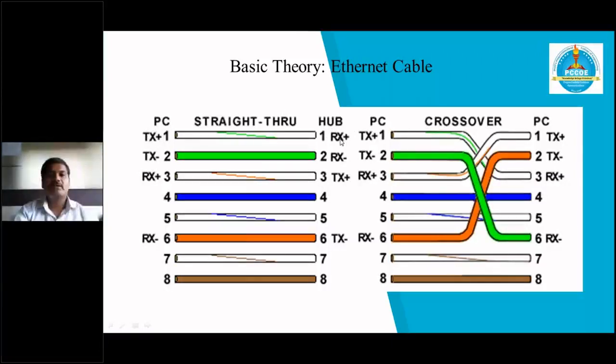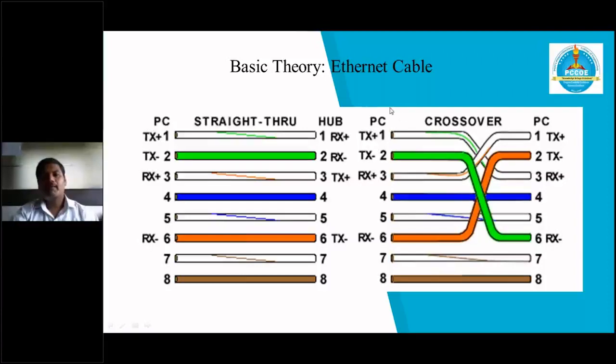So transmitter positive is connected to receiver positive, transmitter negative is connected to receiver negative, and vice versa. So pin number or cable number 1, 2, 3 and 6 can be used to send and receive the data between different devices.